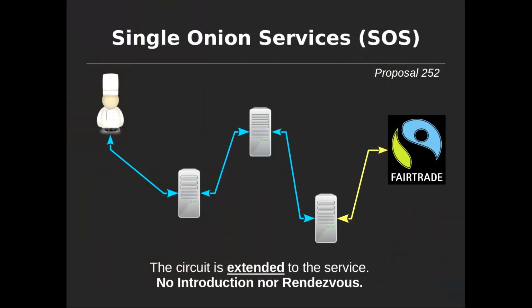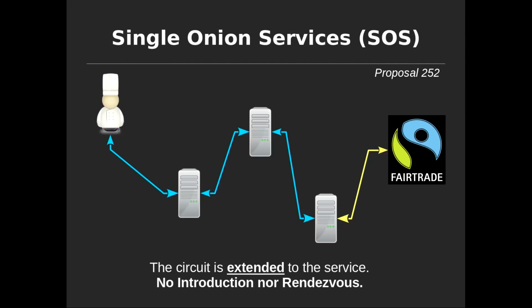Now, the second one is the single onion service. It's roughly the same. So we have this chef here wanting to go to his favorite trade website, or whatever. And the difference here is that we are going to skip completely the introduction and rendezvous dance.